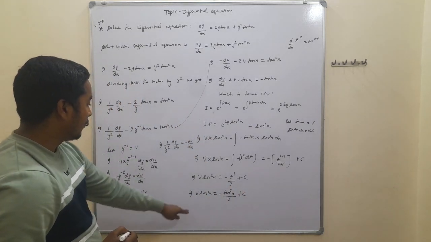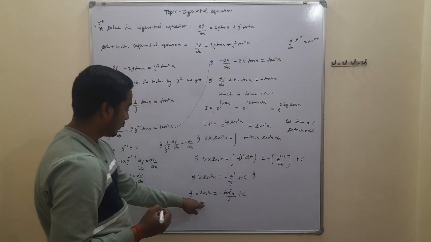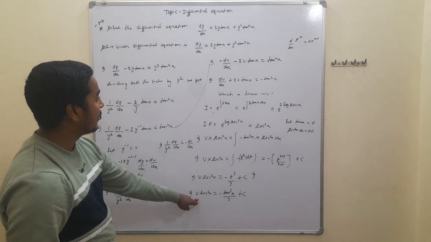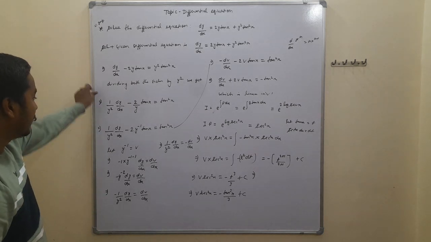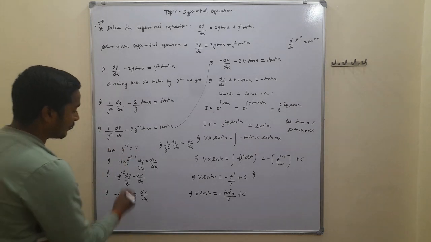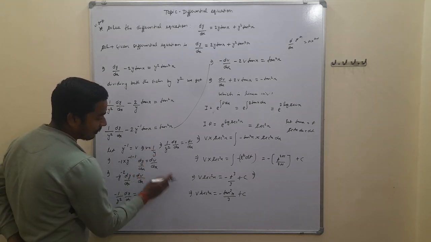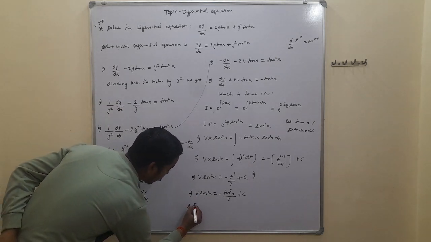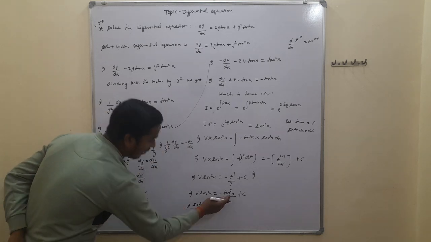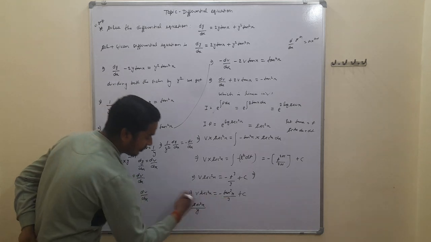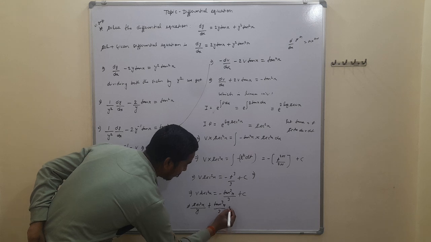Now we put the value of v, where v = y⁻¹ = 1/y. So sec² x / y = −tan³ x/3 + c. Taking −tan³ x/3 to the left-hand side, sec² x / y + tan³ x/3 = c.